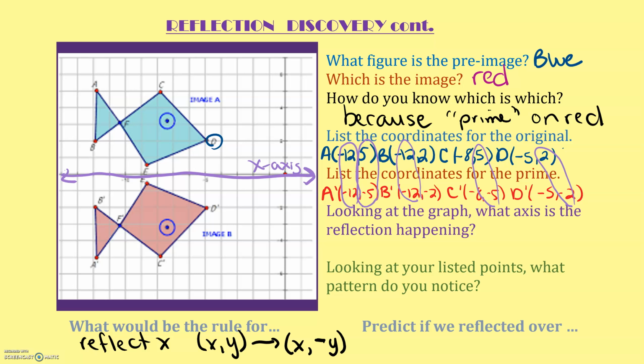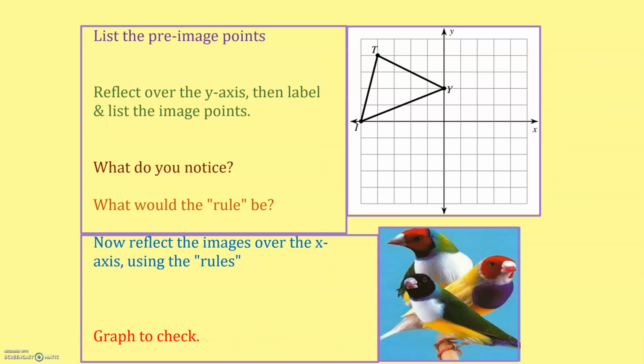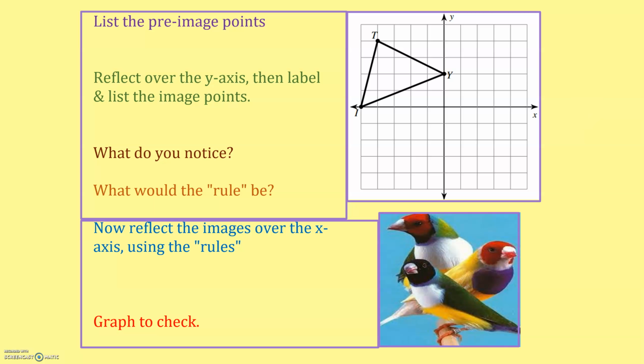So now that you know the rule, pause the video and predict if we were to reflect over the y-axis. If we were to reflect over the y-axis, what do you think would happen to our rules? All right, so again, you're going to take a moment and set up your graph. When you set up your graph with this T, Y, and I triangle, you are going to list those pre-image points.